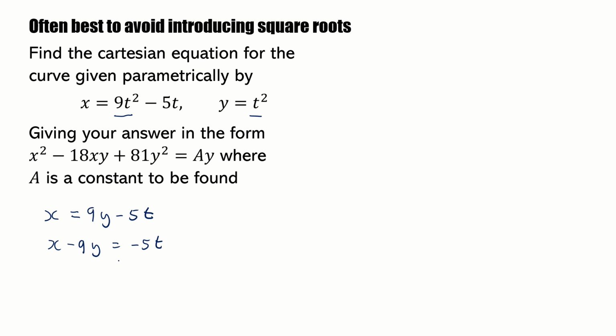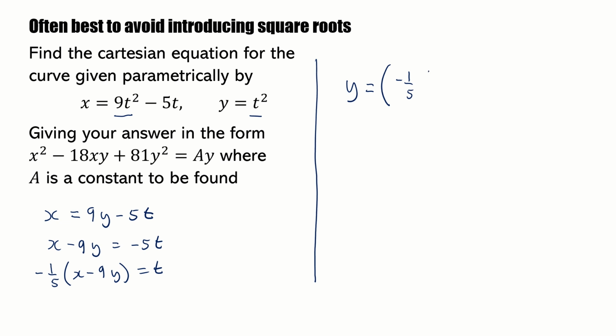So for instance, we could divide both sides by minus 1/5. And now I could try and plug that into y equals t squared. So therefore y will equal, not t squared, it will be minus 1/5 x minus 9y all squared, like that.